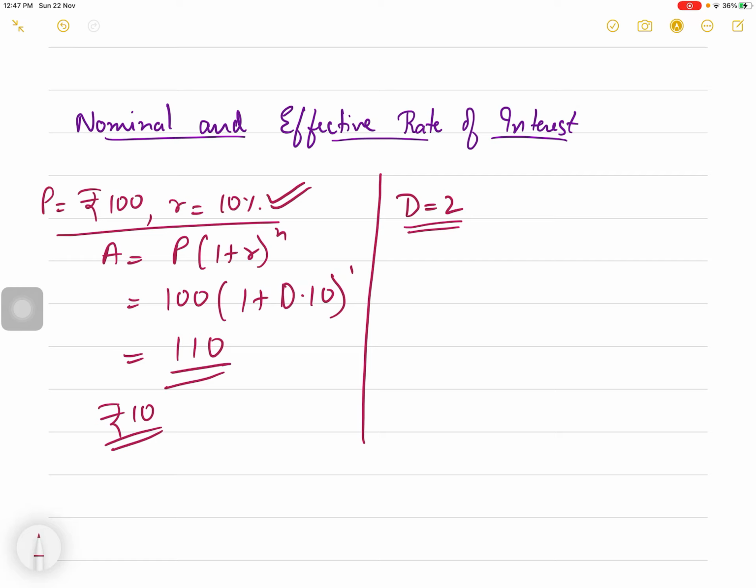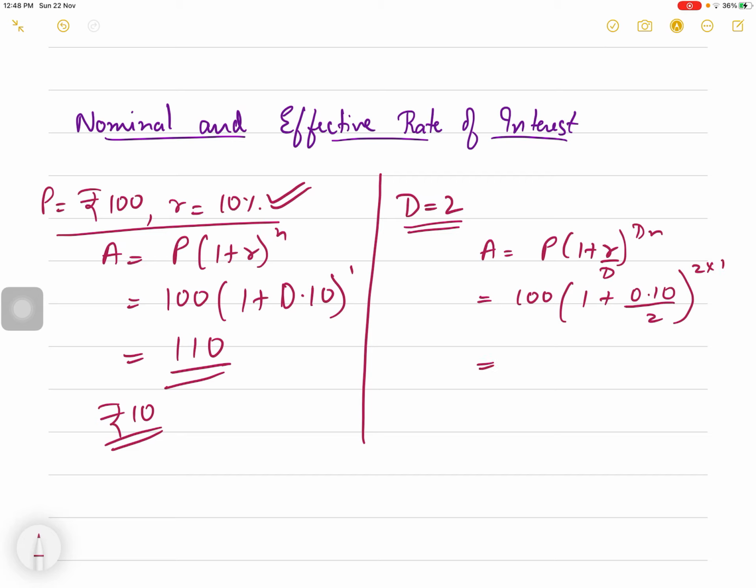So in that case, the formula will be A is equal to P into 1 plus R upon D raised to D into N, right? So 100 into 1 plus 0.10 upon 2 raised to 2 into n. N is 1 in this case.